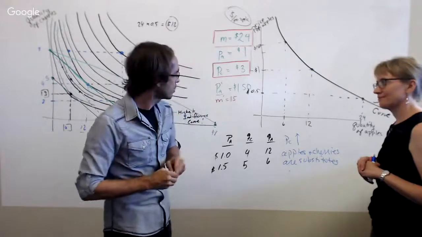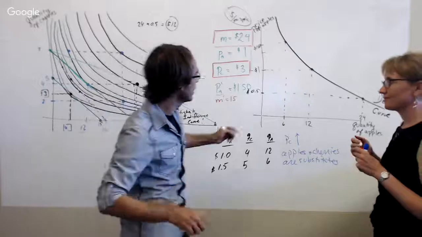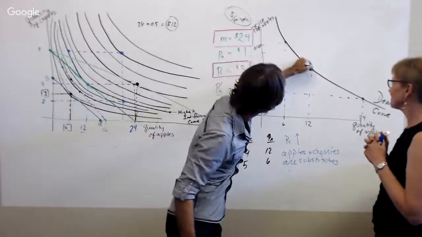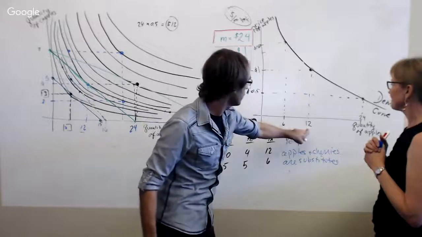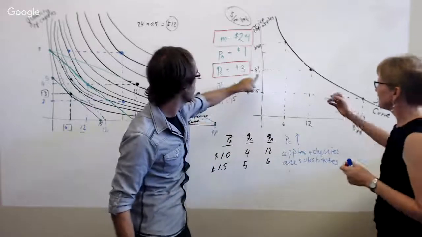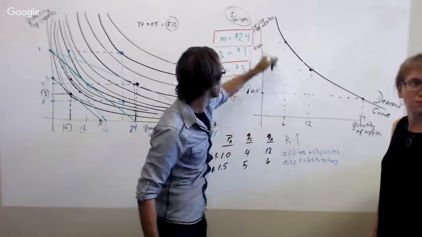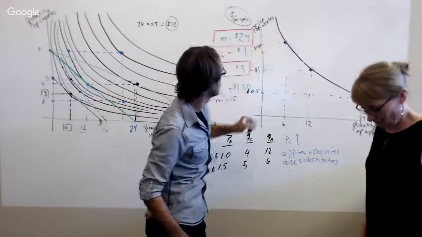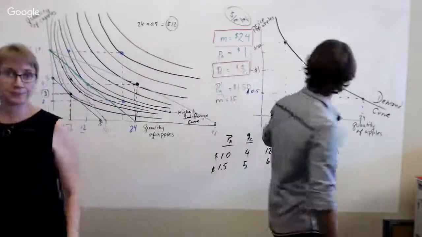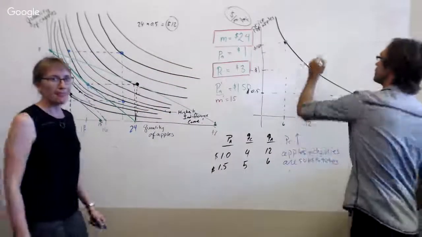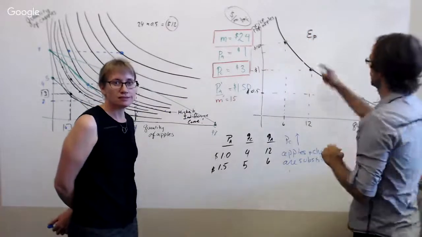So let's try it out. Let's try out an elasticity when moving from this point right here, which is 12 apples demanded at a price of 1, to 6 apples demanded at a price of 1.50. I'll use this space here. So the price elasticity of demand, is that the notation we were using?